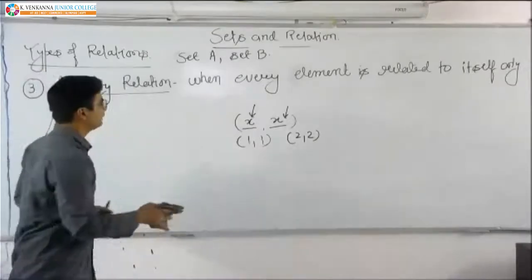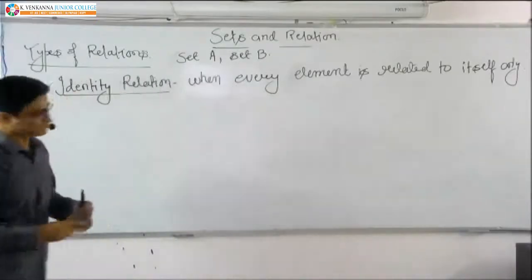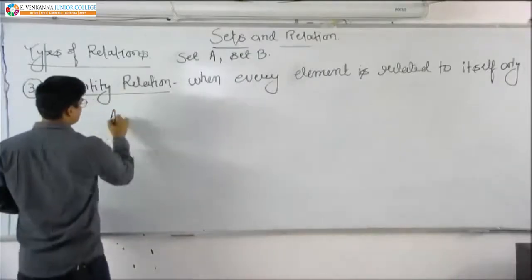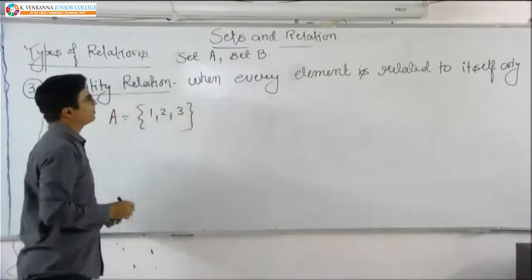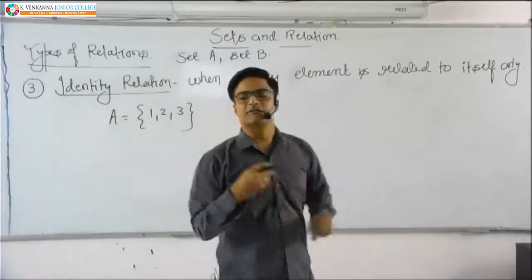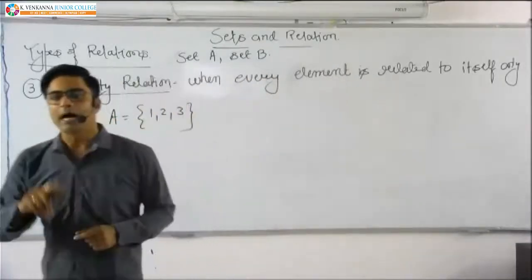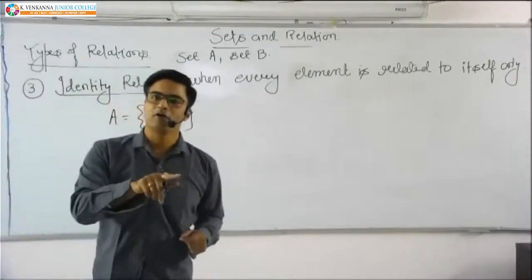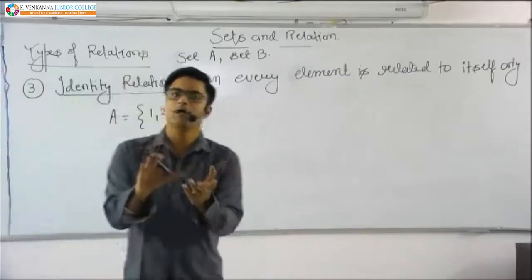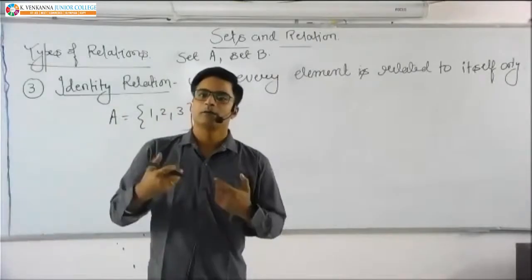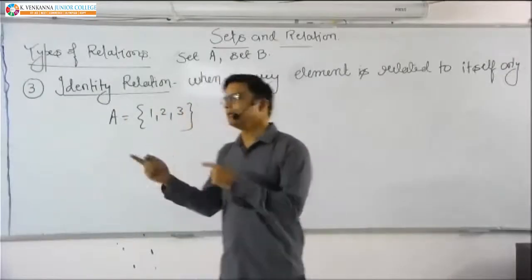I'll give you just one example. Let's say this is your set A, {1, 2, 3}. The identity relation is defined from set A into itself. We don't need any other set because we are talking about the relation between a number and itself.